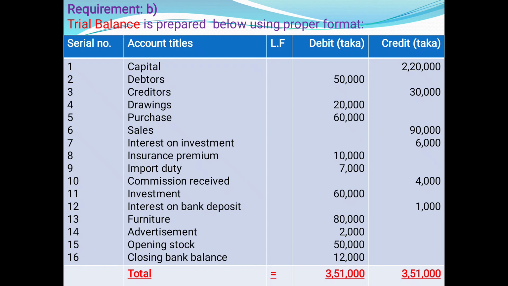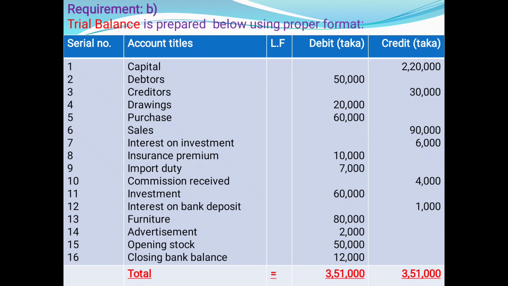Investment is one kind of asset. All the time, any kind of assets are debited in the trial balance. In this trial balance, taka 60,000 for investment is debited.